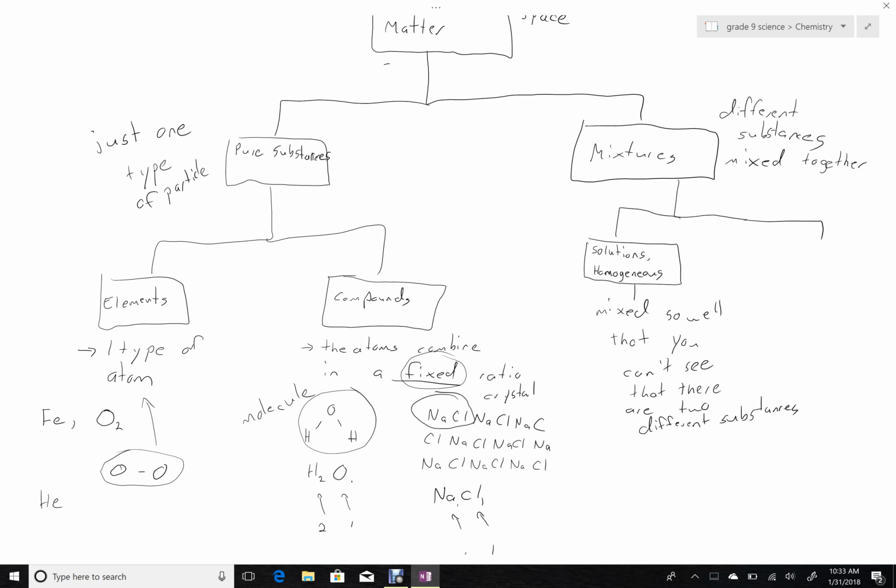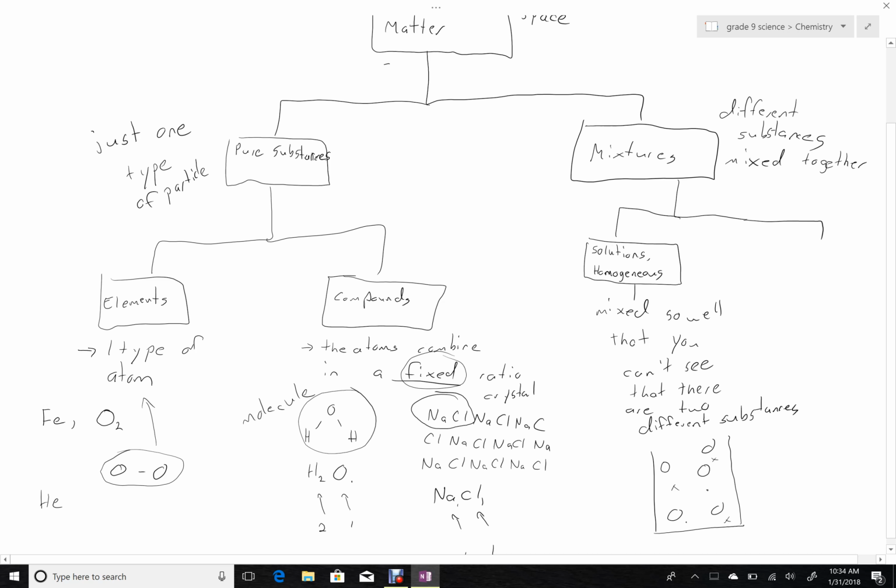But it's a solution because if I handed you that glass of salt water, you wouldn't be able to tell that it was a mixture, because the salt particles and the water particles mix so well that we can't tell them apart. So here, if we imagine we have our water molecules, and then our salt particles go right all over the place inside of them.